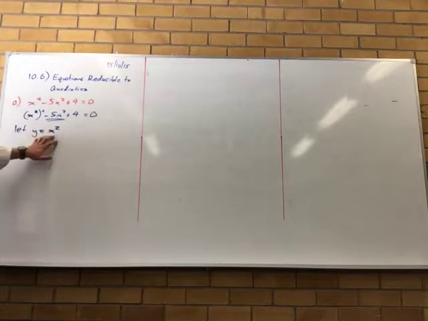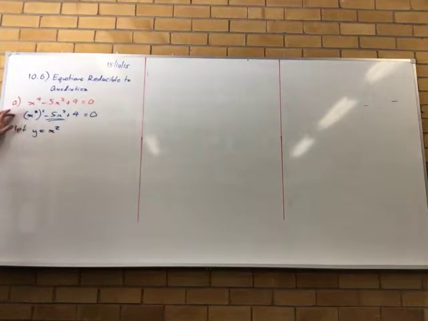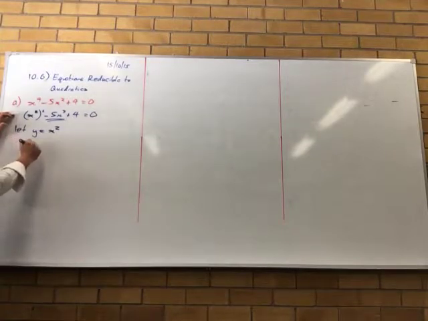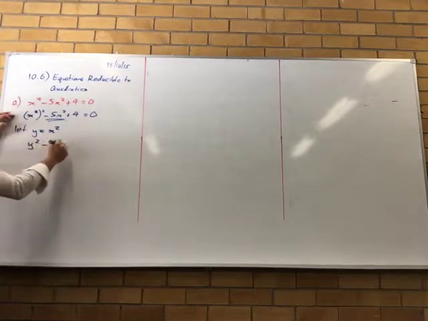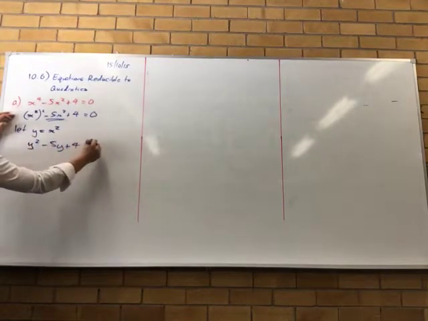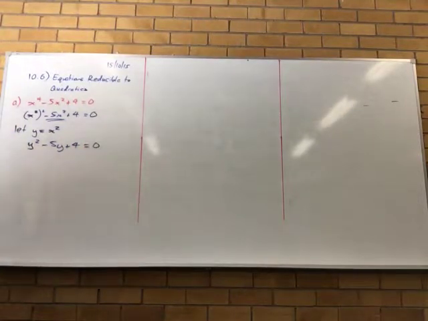Everywhere there's an x squared in the equation, I am going to write y. So this becomes y squared, take away 5y, plus 4 is 0. And now it's a quadratic, and now we can use our skills to solve. So how do I solve the quadratic again?